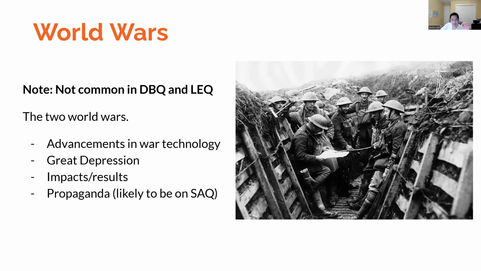Of course, there were two world wars in quick succession, with about a decade and a half in between them. There were advancements in war technology, and these wars killed a lot of people. People started using gas and better artillery, better firearms, etc.